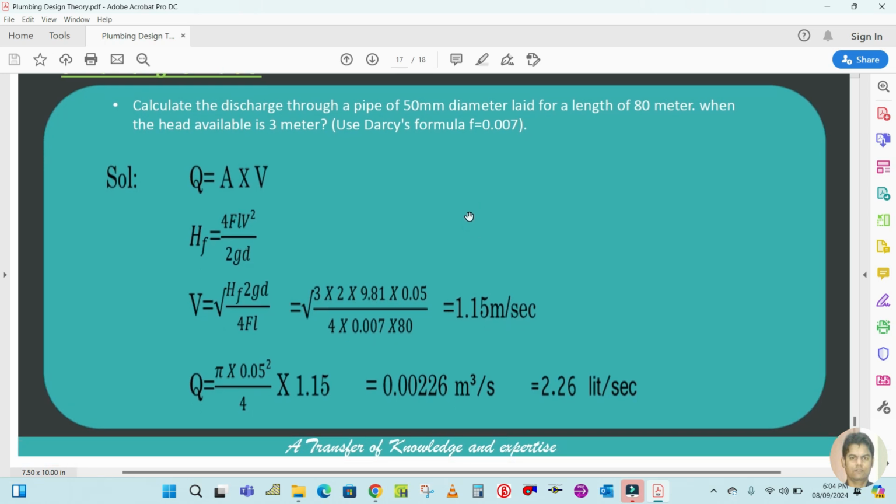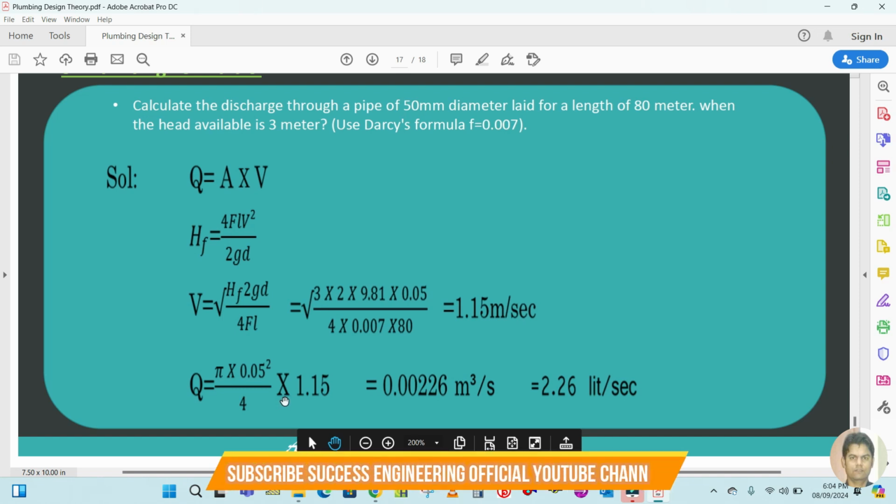And for the area, you can see Q is equal to A times V. V comes to 1.15 meters per second, and A is pi d squared by 4, the cross-sectional area of the pipe.